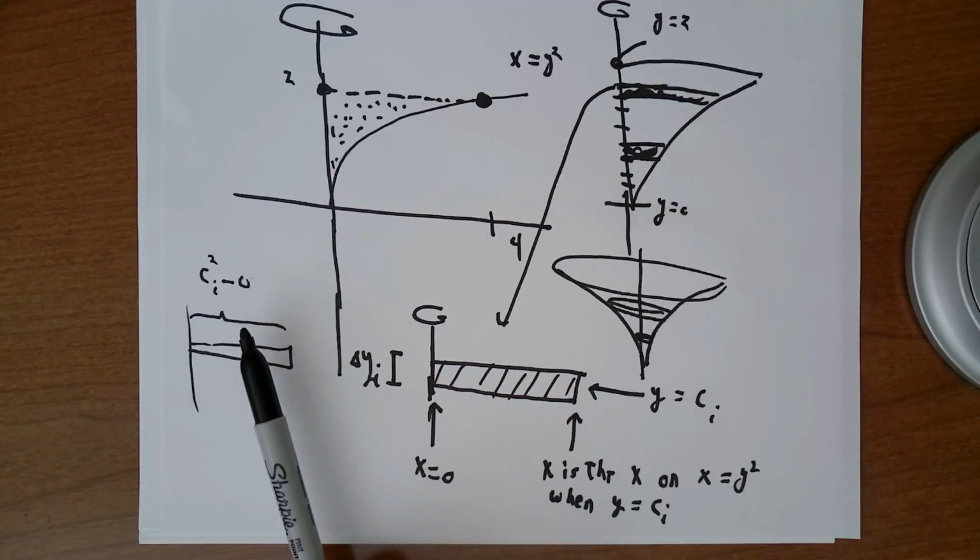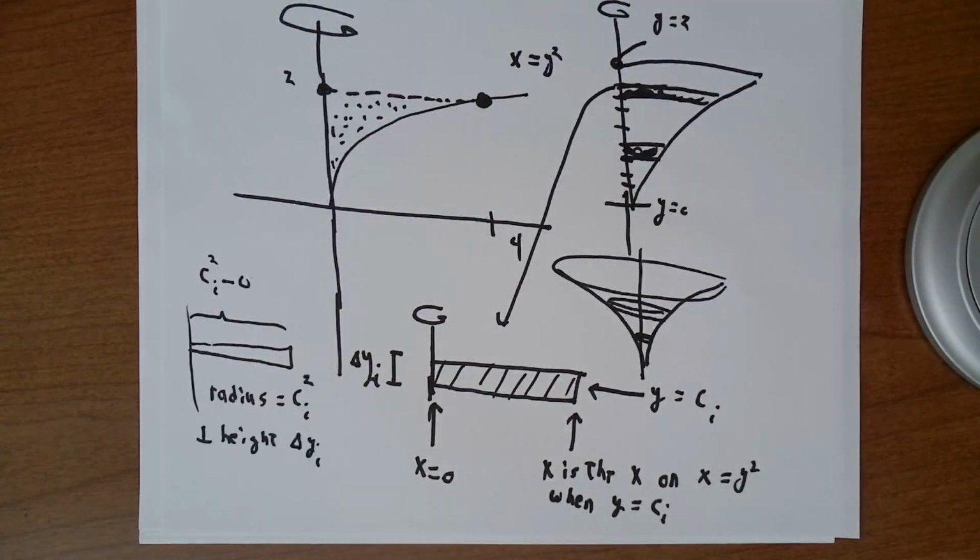So we now know the radius of disk number i, it's c_i squared. The perpendicular height is delta y_i, and it's important to remember that c_i is not an x number, it's a y number instead.